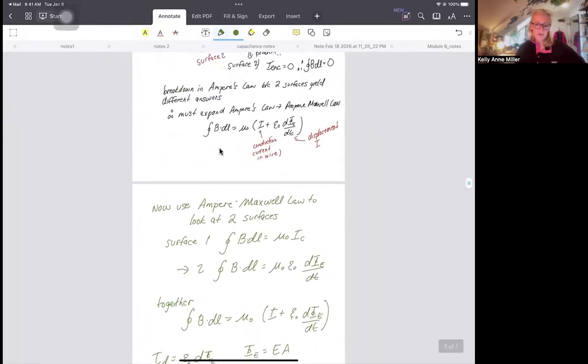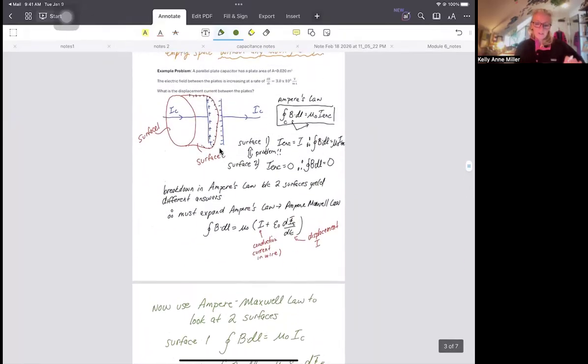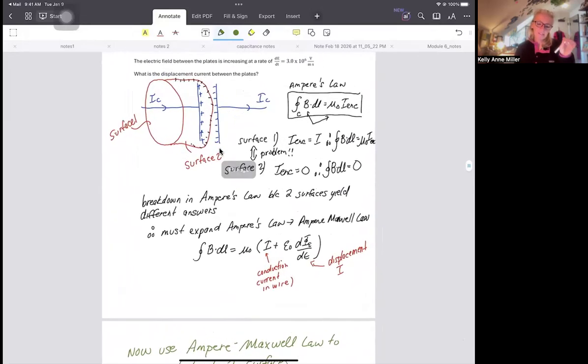So just to review, Ampere's law breaks down because through surface one we get a current, and through surface two we get zero, because there's no current going through surface two.